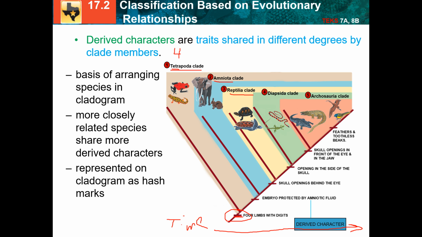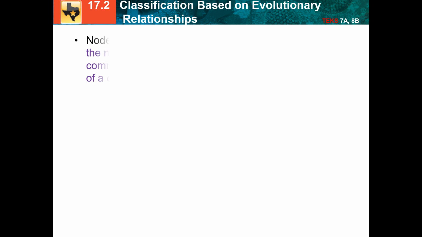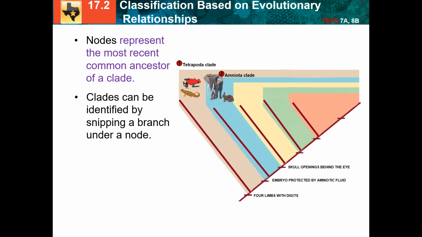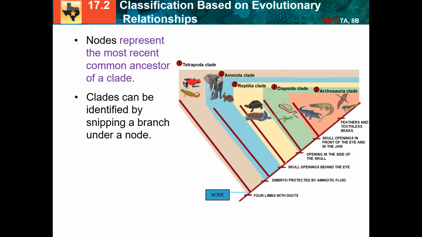So again, you're going forward in time, and these are just referring to the physical features that all these organisms share. This has the node labeled.